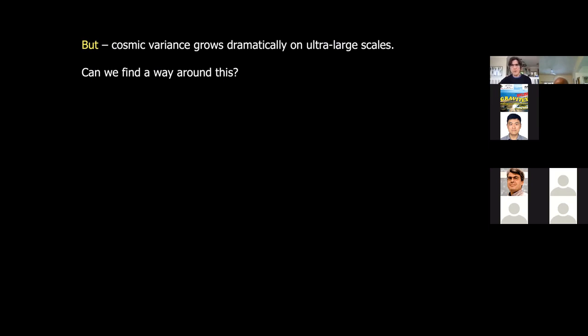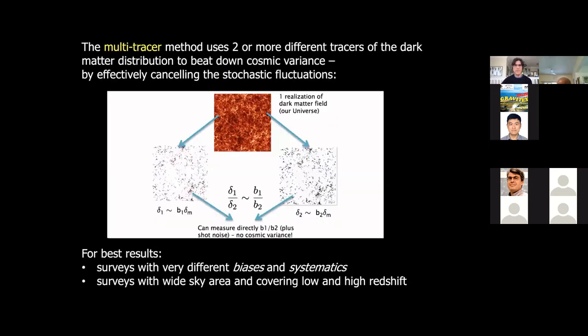Because actually you can show that with a single galaxy survey, you simply don't have the power to constrain FNL in a useful way that's competitive with the CMB. So how do we get around this? Well, we can get around this by combining more than one galaxy survey, provided that the different galaxy survey uses a different tracer of the dark matter distribution.